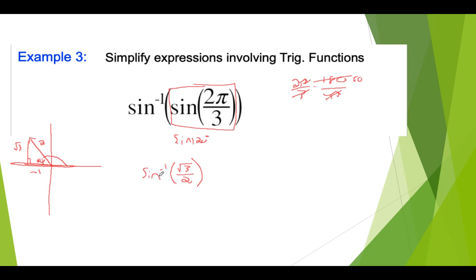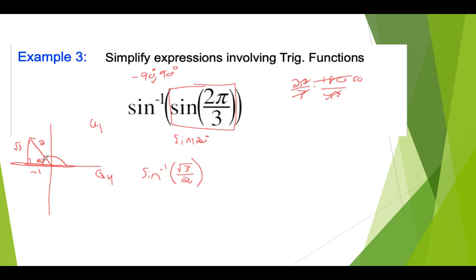Now, we have to find where sine inverse equals square root of 3 over 2. This one gets interesting because sine inverse is restricted between -90 and 90 degrees. So your answer would have to be in quadrant 1 or quadrant 4.